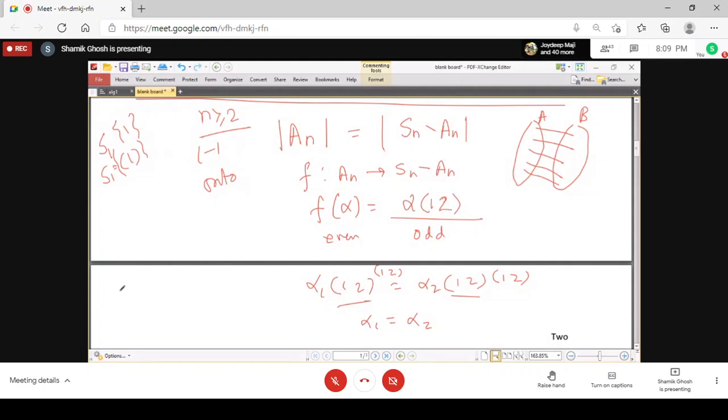And this is onto, because suppose you want beta, then whose image is beta? Suppose beta is odd. What is the pre-image of beta?